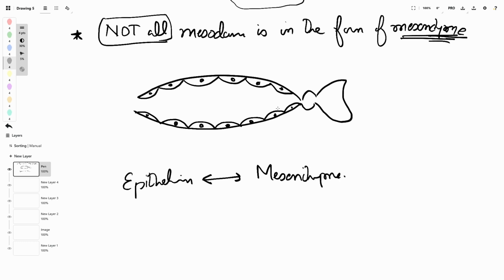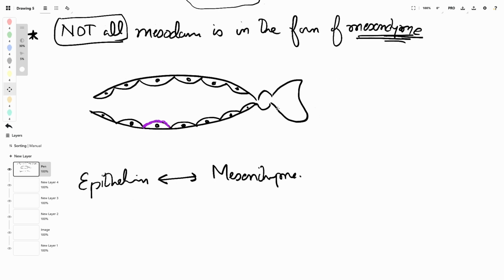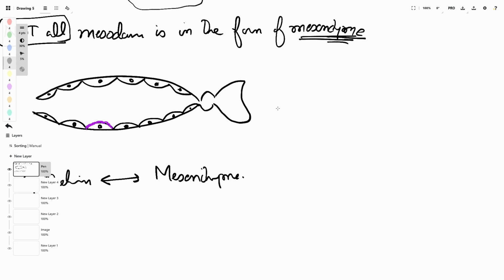So for example, if this epithelial cell has to form mesenchymal cells, first of all it will break its connections with its neighbors. So let's say here we have a cell and here we have another cell. Between these two cells they are sort of shaking hands, right? They are having these epithelial interconnections.